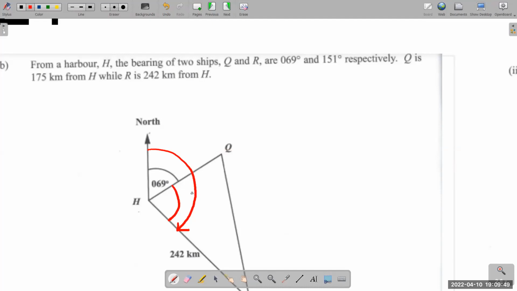Just to be safe, I would subtract it. 151 minus 69 is how much? I would just plug in here that this angle in here is 82. And then outside here, I would just put 151. Everybody check what I'm trying to do? That's how you're supposed to operate.